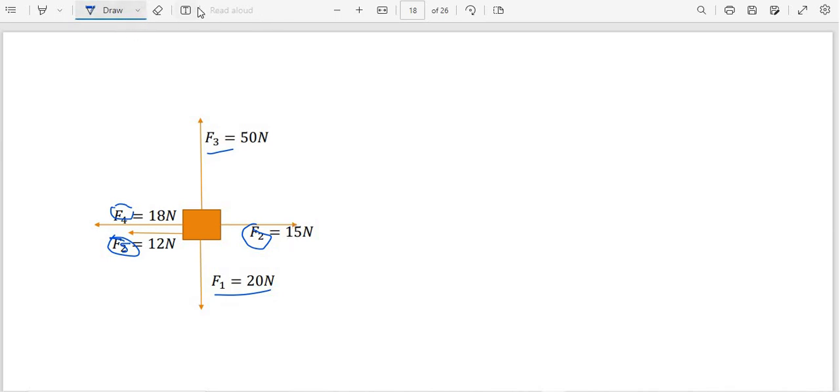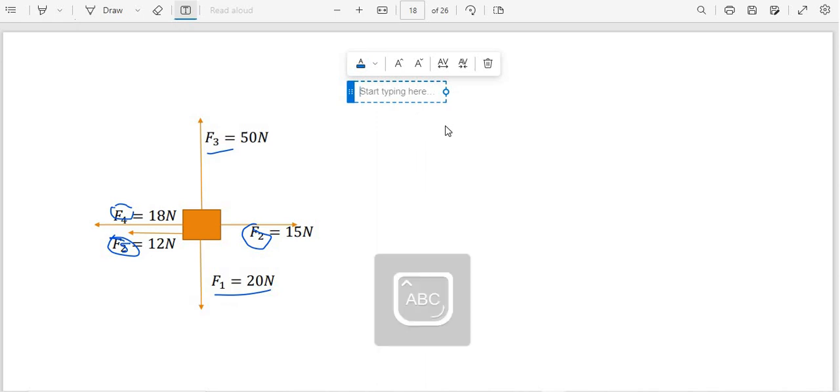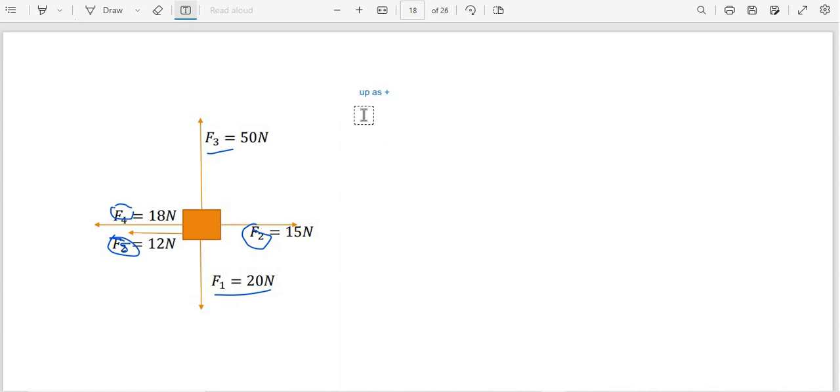So we are first going to start by finding the resultant along the y direction, which is ry. Before you find ry, remember you need to pick a positive direction, and for this example I'm going to take up as positive for the y direction.